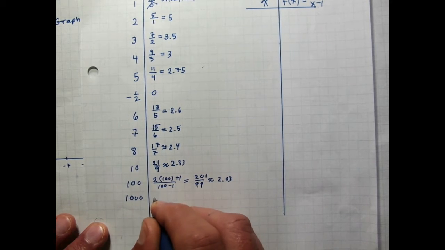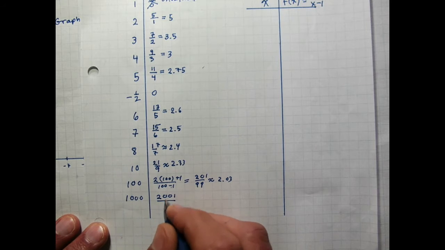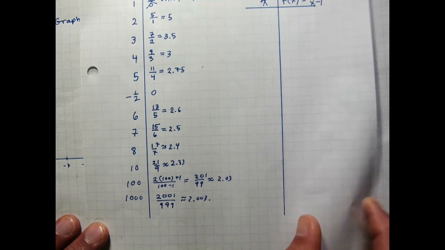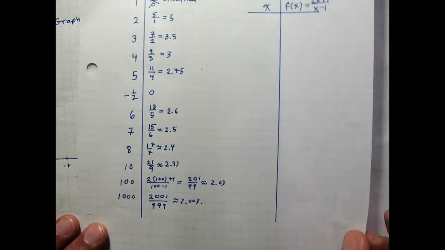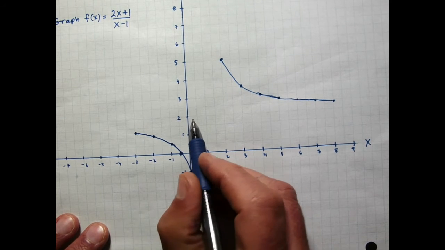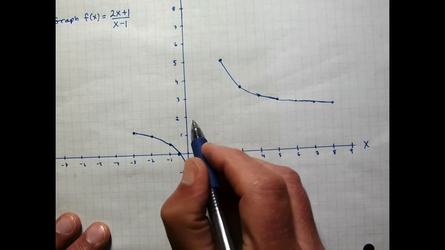If I plug in 1,000, I get 2,001 over 1,000 minus 1 is 999. That's about 2.003. So what I'm seeing is I'm getting really close to 2, right? And on my graph, y equals 2 is right here.